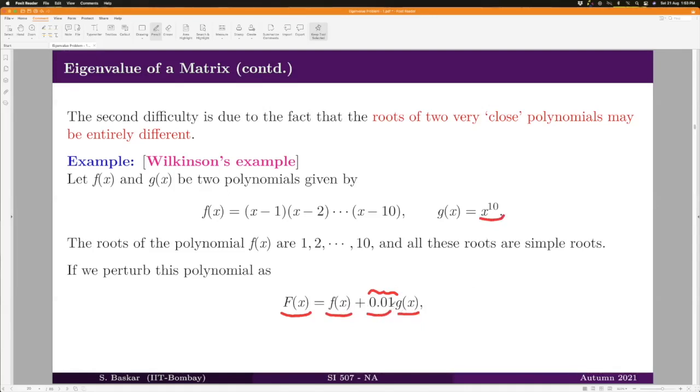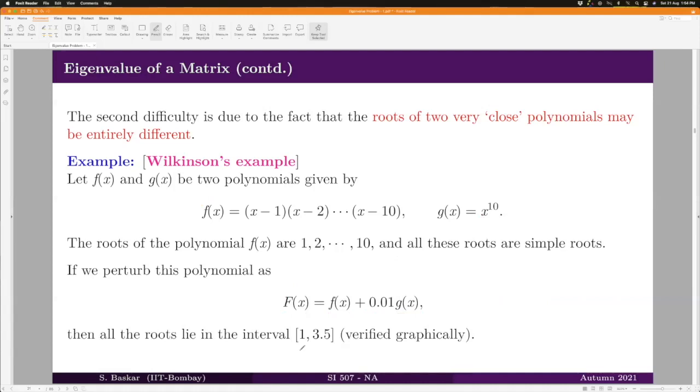Therefore, your leading term, that is x to the power of 10, will have the coefficient 1.01 x to the power of 10, plus the other terms are just as they are in f of x, right? So only here we have a slight error. Now let us see what the roots of the polynomial equation capital F of x equal to 0 look like.